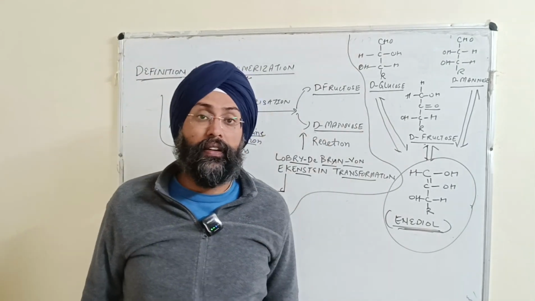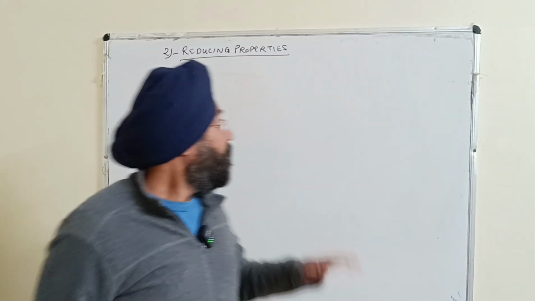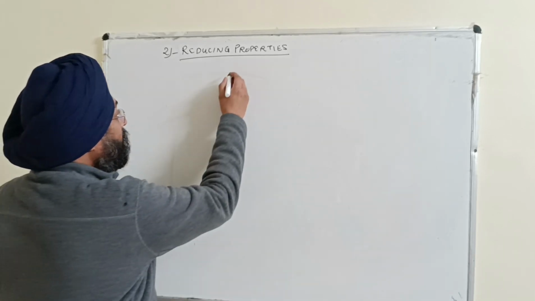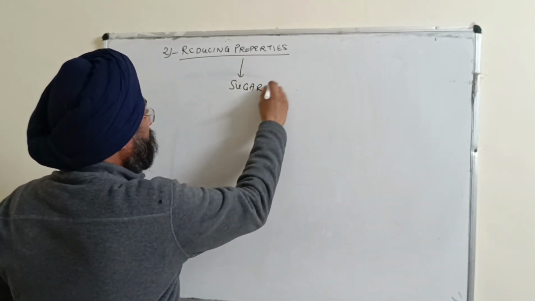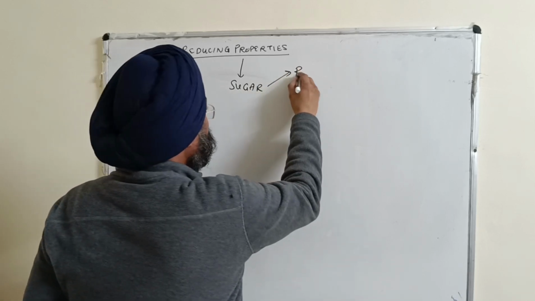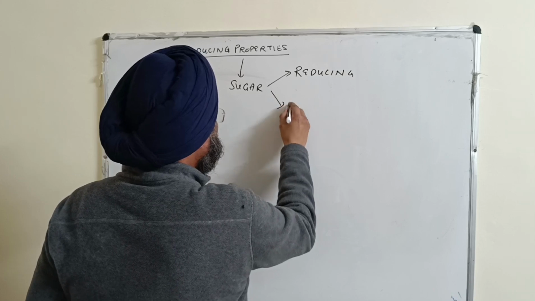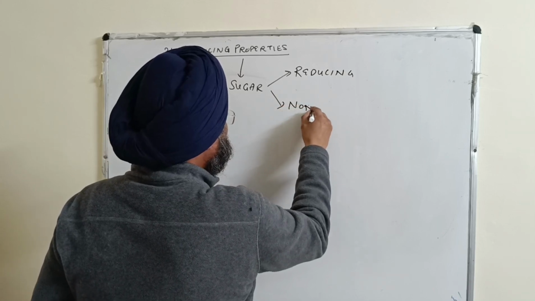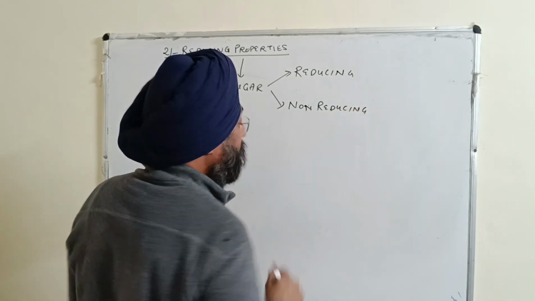Now I'll start with the second reaction. Now I will start with reducing properties, right? The sugar can be categorized into two categories. First is reducing sugar, and secondly non-reducing sugar, right?